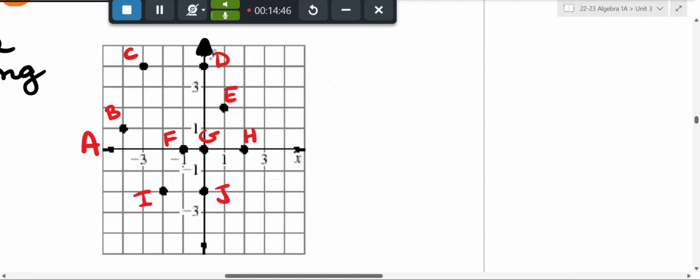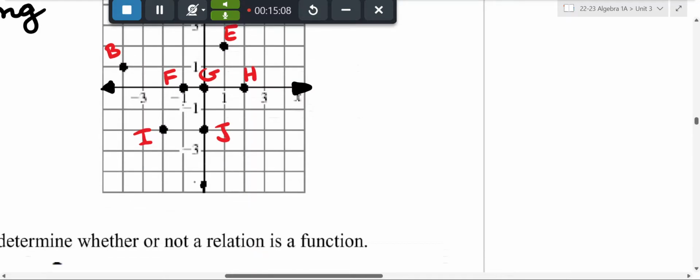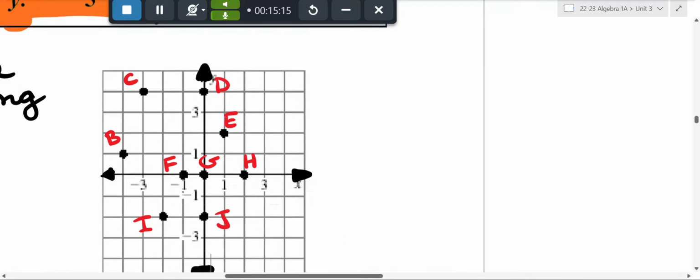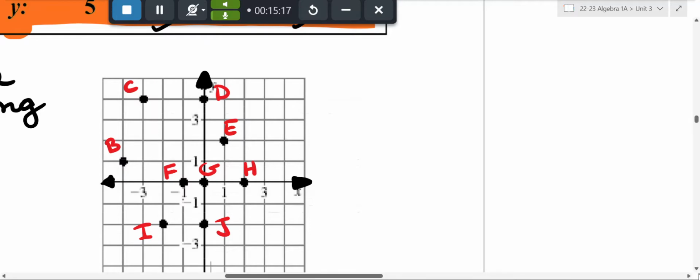These are the arrows. Wait a minute, if this is an arrow, then that's not a point. I'm sorry. So we're just going to have to get rid of A. Yeah, these are the arrows, the arrow tips on the X and Y axis. I messed up.